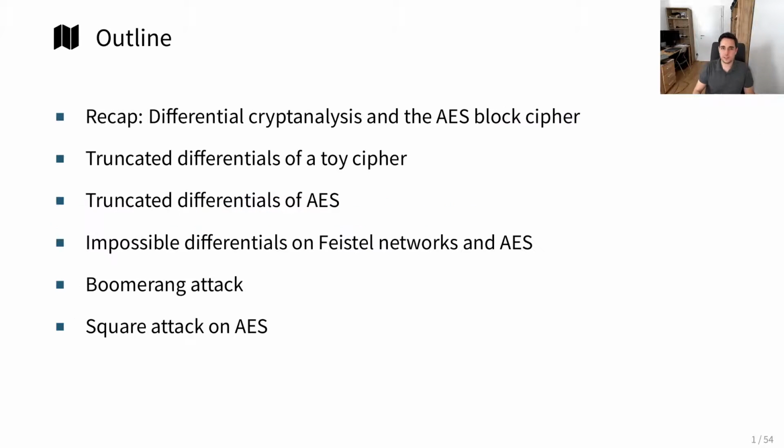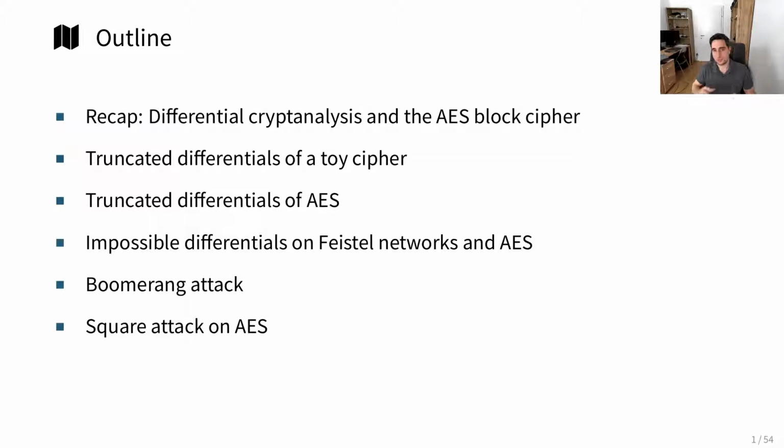Okay, so let's start with a short outline. First there will be a recap: what is differential cryptanalysis and what is the AES block cipher? The reason is that we will use the AES block cipher in some of the attack methods today. Then after this short recap section, we will talk about truncated characteristics and truncated differentials.